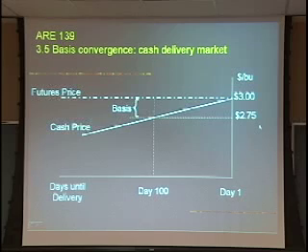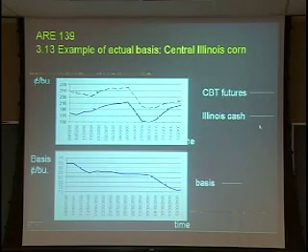They come together, which means that the basis narrows. So the basis is somewhat predictable over time for certain spot markets. For the spot market that's the same as the delivery point for the futures contract, in the delivery month, the basis approaches zero.